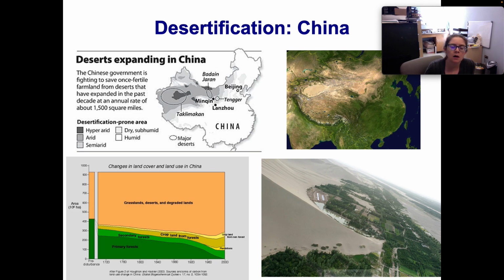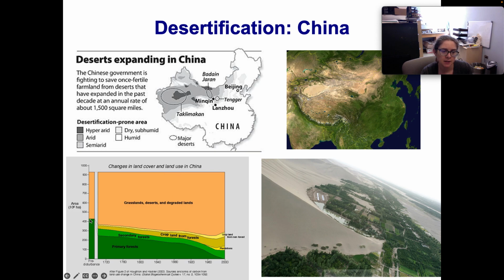Okay, to continue on our discussion about erosion, there are deserts expanding in China, which you can see here. They've circled the major deserts, and around those areas there is some concern about degraded land. This shows changes in land cover and land use in China.